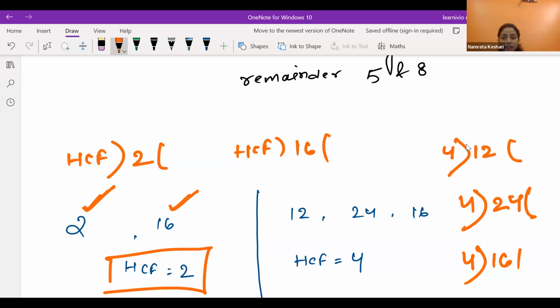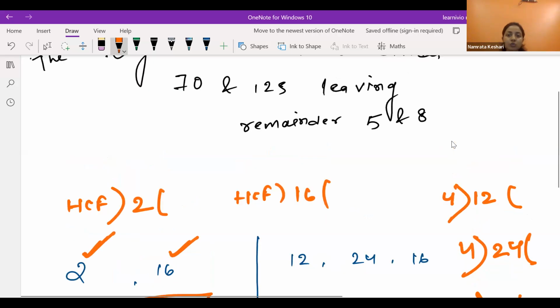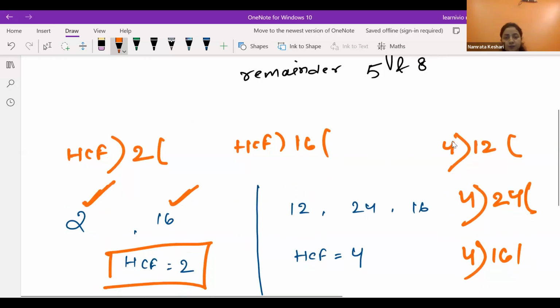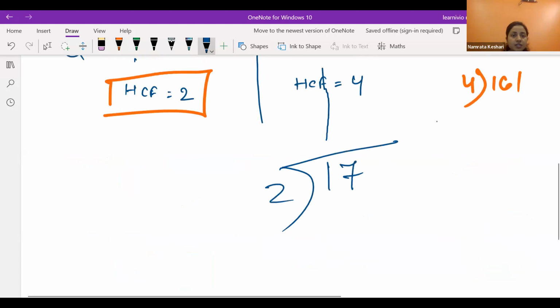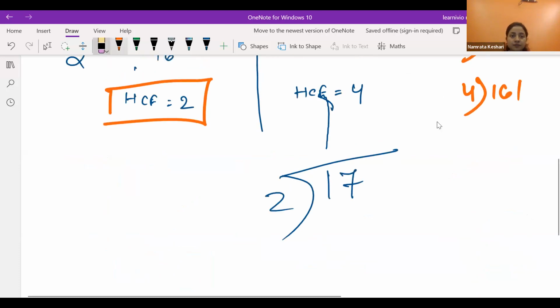If we understand that, then let's get back to the previous question. Now, one more example I must add: suppose we are dividing 17 by 2. 2 times 8 is 16, right? And 1 is the remainder.